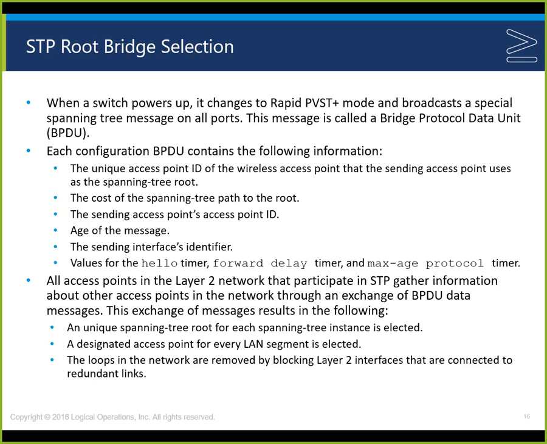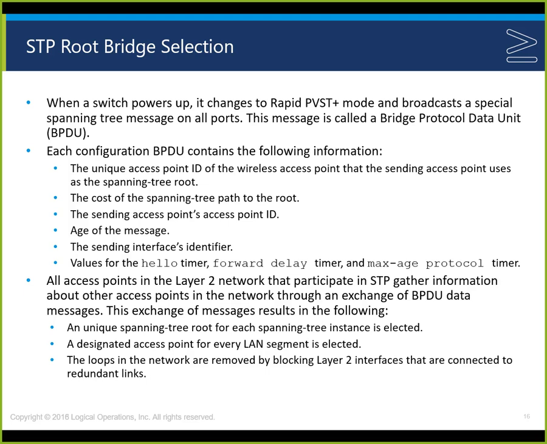Each configuration will contain the following information: a unique access point ID, and this is if it is a wireless access point. And again, they kind of drive me crazy sometimes, because we jump from switches to wireless access points. And we're really doing the same thing with these things.